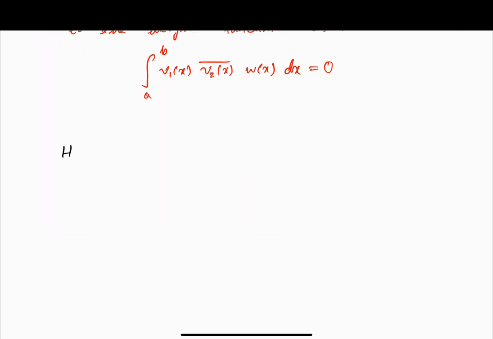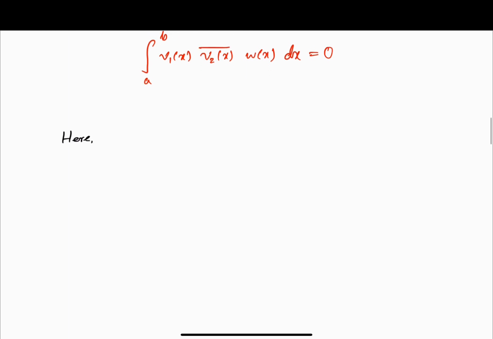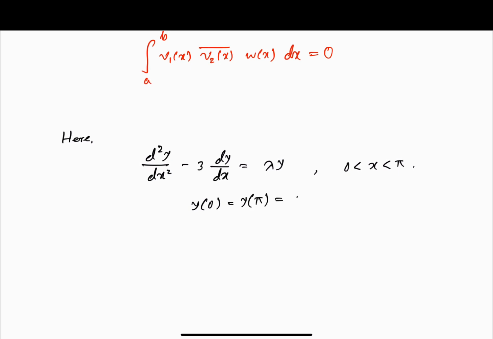So here, what is the Sturm-Liouville problem? d2y/dx2 minus 3 dy/dx equals lambda y for x in the range 0 to pi, and the periodic boundary condition is y at 0 and pi, this is 0.